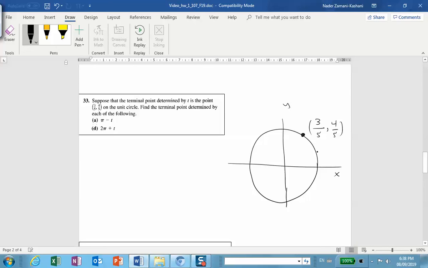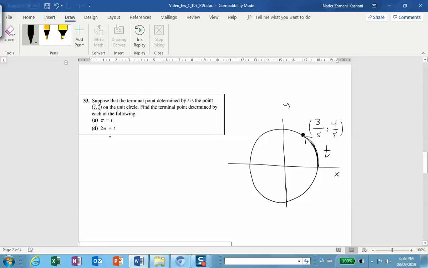And this is your t. In other words, you're told that this is the value of t. You have a parameter t, which gives you this terminal point. The question is, what is the terminal point of pi minus t?